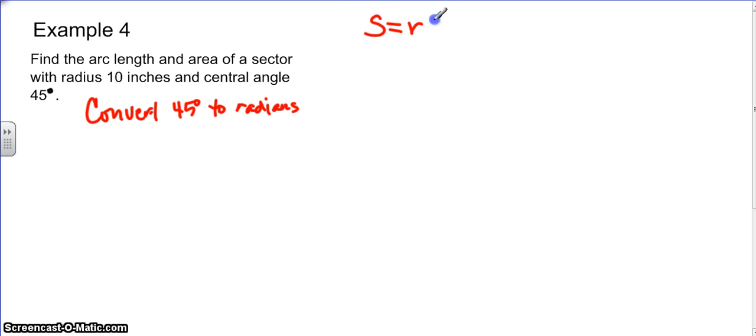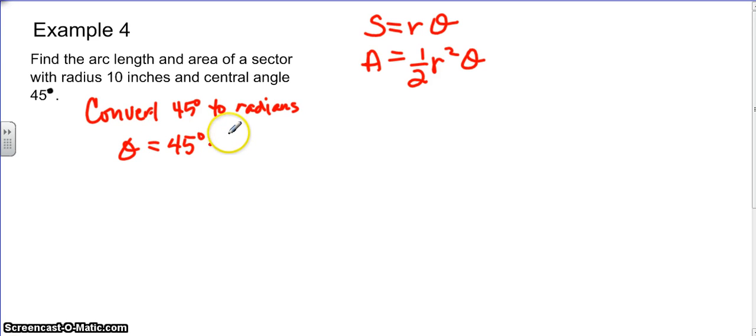S is equal to r theta, and area is equal to 1/2 r squared theta. So if I have 45 degrees, I want to multiply that by my conversion factor, which is pi radians over 180 degrees, and that simplifies to pi over 4 radians.